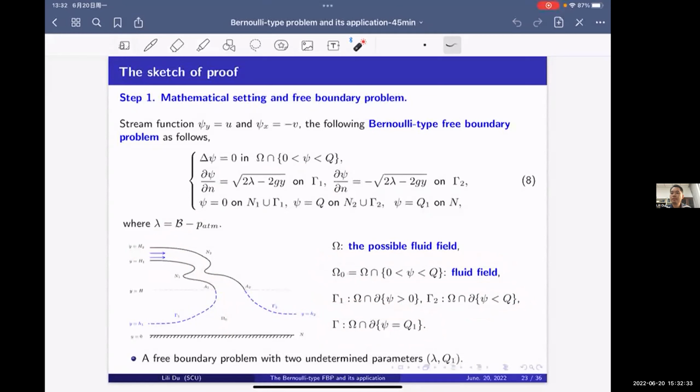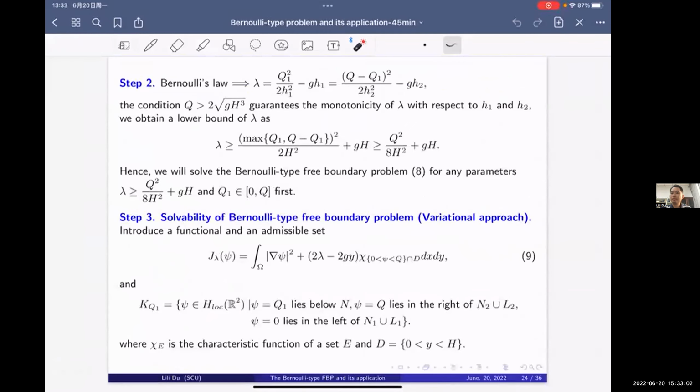As a first step to solve the impingement problem, we will solve the Bernoulli-type free boundary problem for any undetermined parameters λ and Q1. And then we will show that there exist a suitable λ and Q1 such that the continuous fit condition is satisfied.